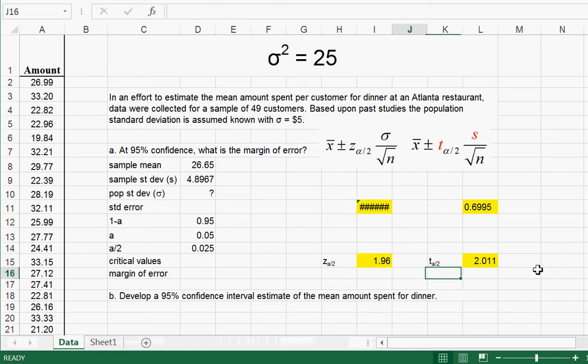So my margin of error is what? For the sigma known problem, my margin of error is equal to the z value times the standard error.